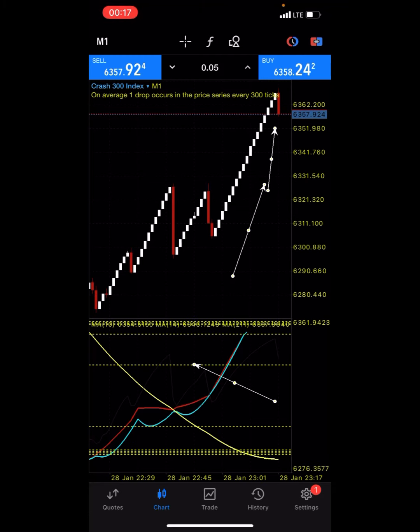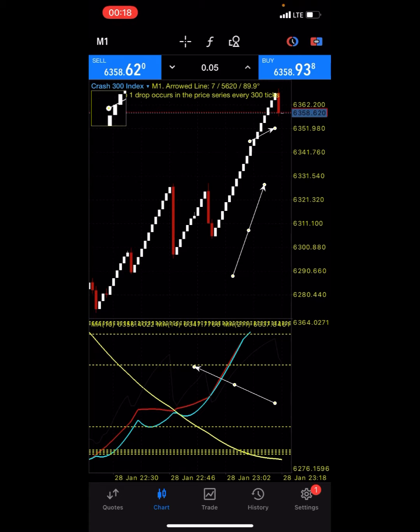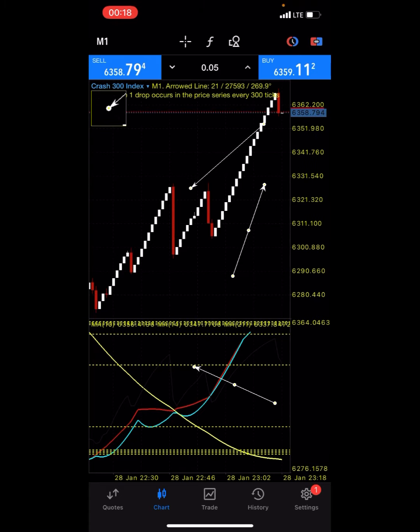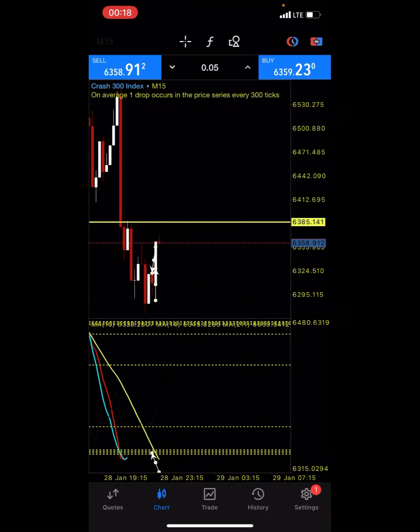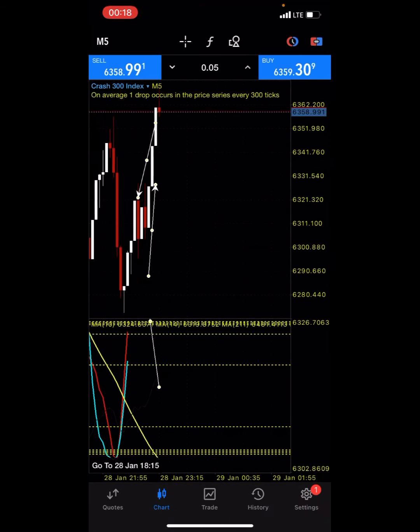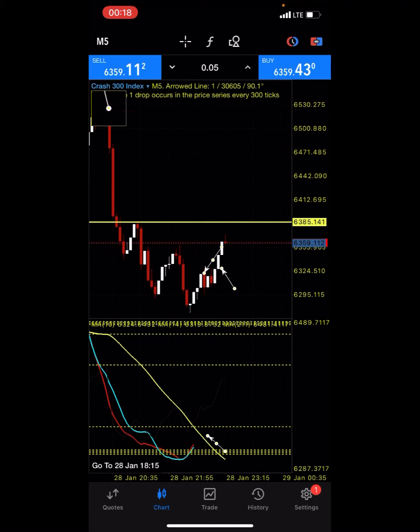No, because of the strength I'm seeing the bulls showing in this 1 minute time frame, there's every tendency that these guys might want to keep pushing up further, due to what we have seen in the 15-minute, or is it the 5-minute time frame, which I was asking you guys about, what is happening here. I'm still waiting for that answer.